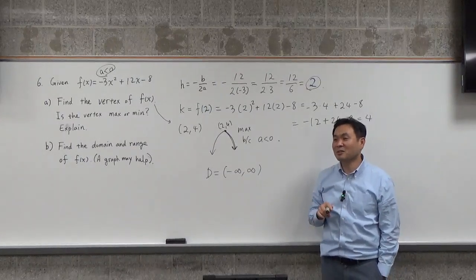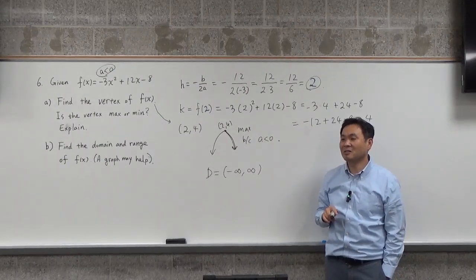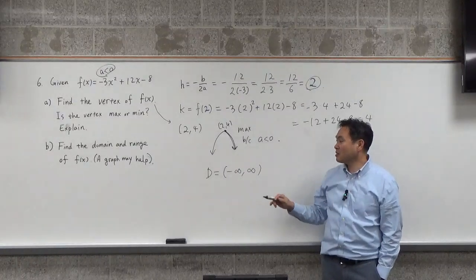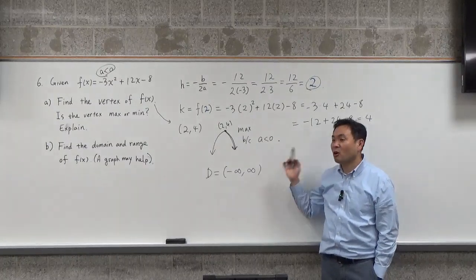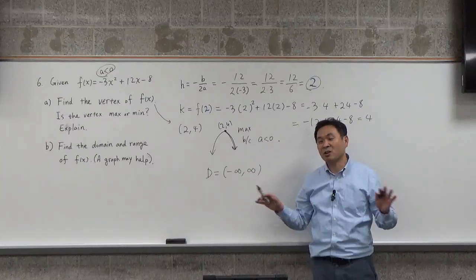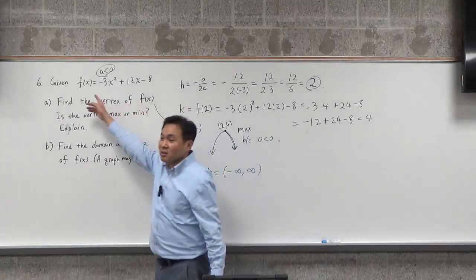No, the vertex has nothing to do with the domain. The vertex has something to do with the range, but the domain will always be negative infinity to infinity if you have any quadratic, cubic, quartic, any polynomial of any order.